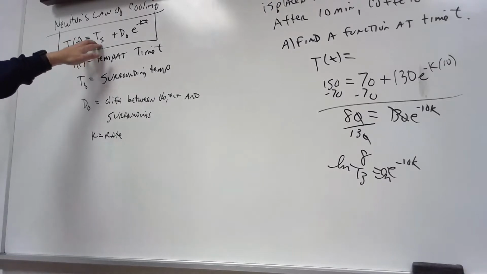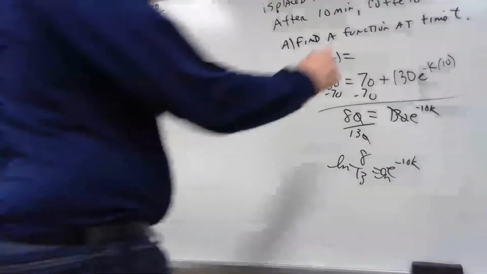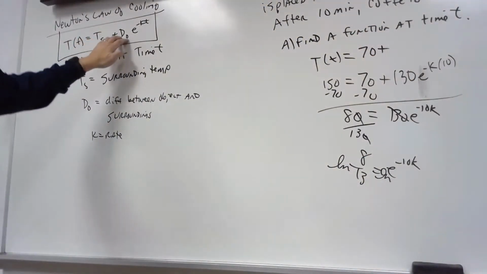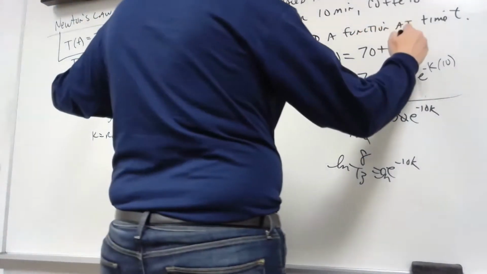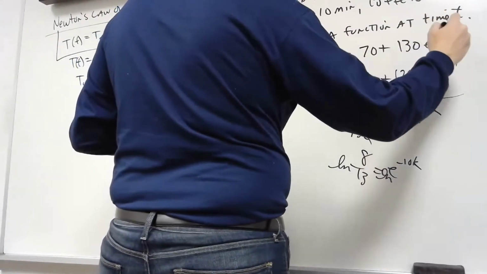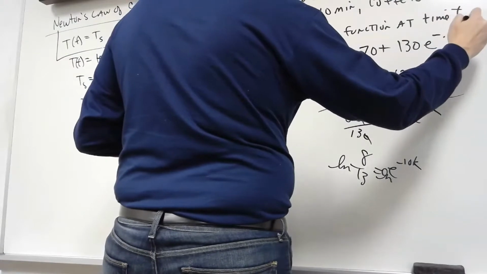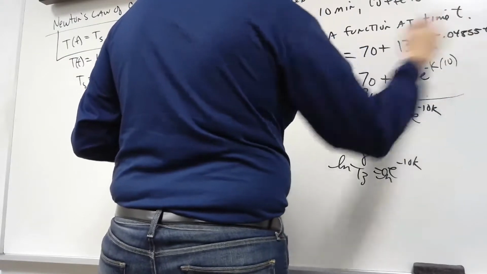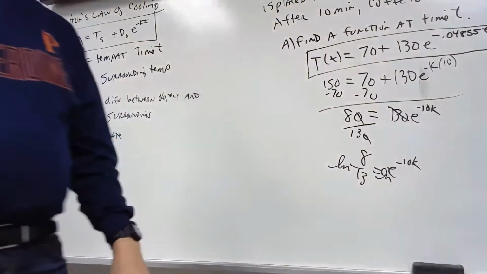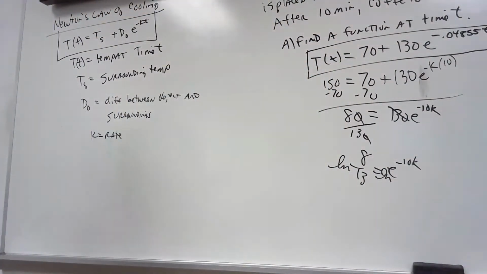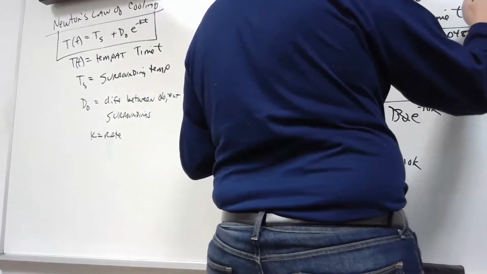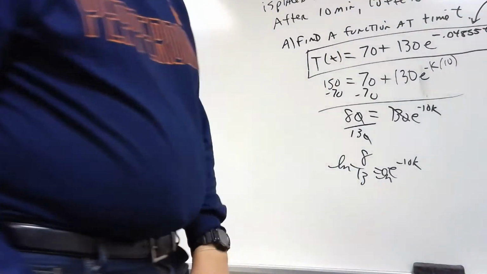Temperature of your surroundings is 70 degrees plus the difference, which is 130, times e to the negative 0.04855 times any time t. Okay? Do you want that answer, or would you rather, oh, you're just looking for a function? If you wanna stick this in here instead of that number, that's fine.